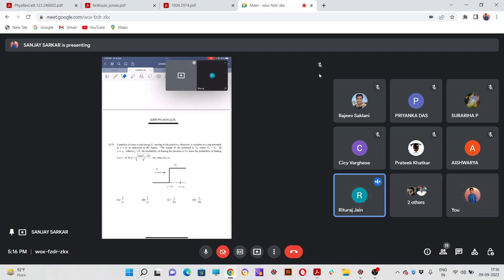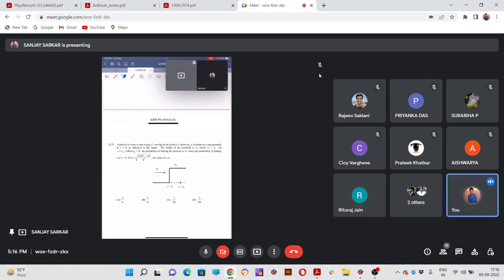Sir, B is 1 upon alpha. I think B is not the correct answer. Okay, squaring. To find the probability you have to square the wave function. 1 by 2 alpha.